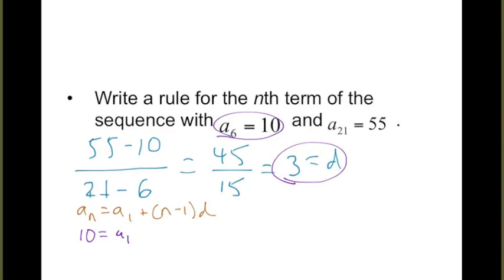We don't know a sub 1. 10 was the 6th term, and we solved for a common difference of 3. So 6 minus 1 is 5, times the 3 is 15. And subtract gives us a first term value of -5.